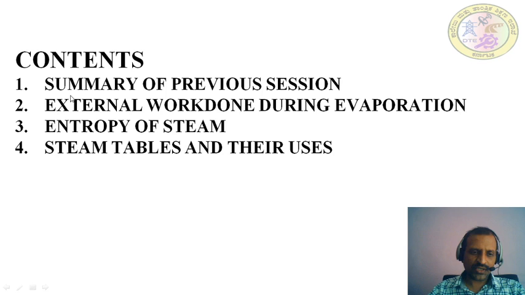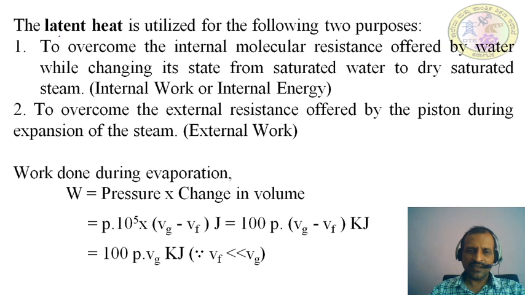Keeping the pressure constant, you need to supply heat to the water, then the water gets converted into wet steam, dry steam and superheated steam. I showed this variation in a diagram with heat on the x-axis and temperature on the y-axis.